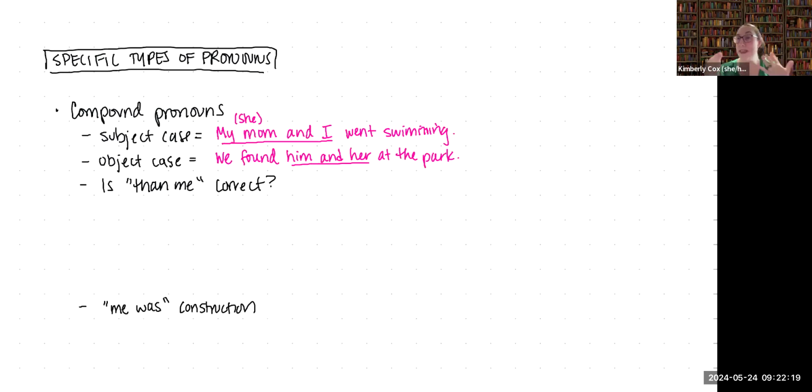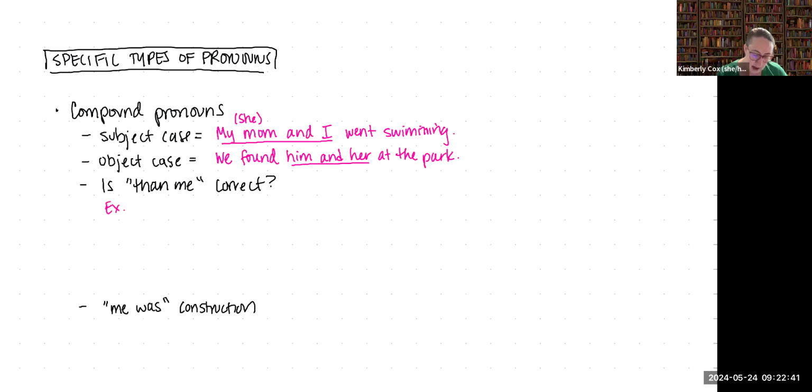Now, this gets really interesting as we start looking at the difference between spoken and written language and start thinking about the difference between prescriptive and descriptive grammar. So the next question I have for you, is it correct to say "than me"? So let me give you an example.